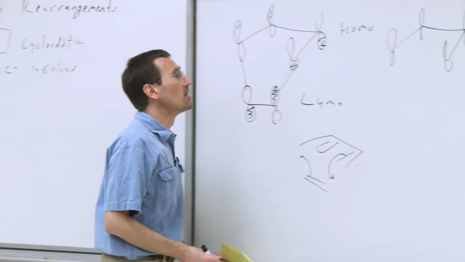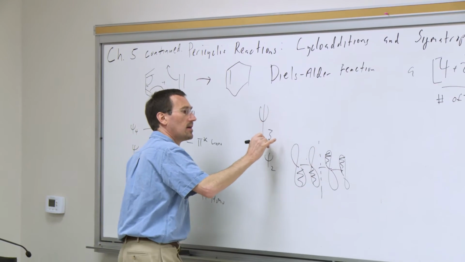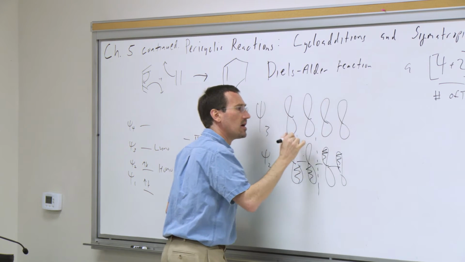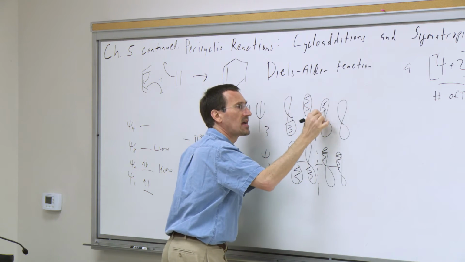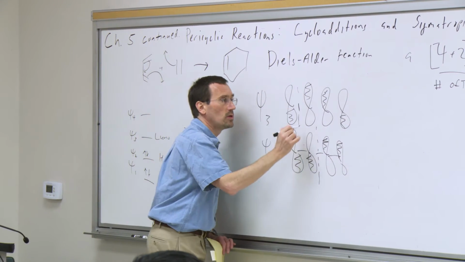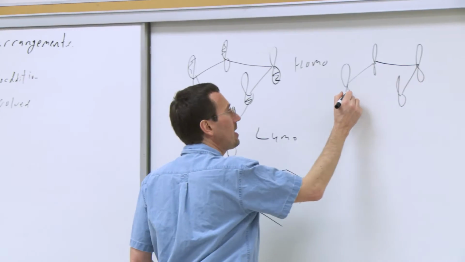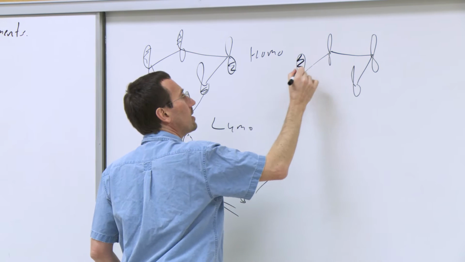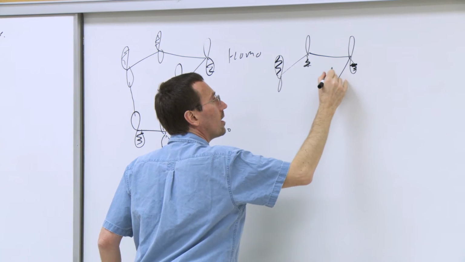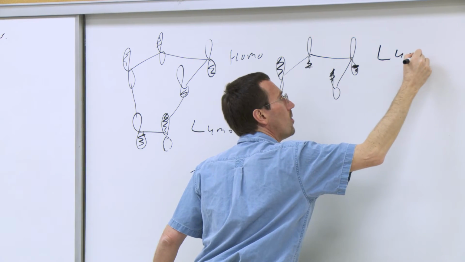So we could just as well go ahead and look at psi 3. Psi 3 is the LUMO of the diene. The linear combination of atomic orbitals that make up psi 3 is like so. We now get 2 nodes. And so we can do that same drawing over here. And so now we get our LUMO.